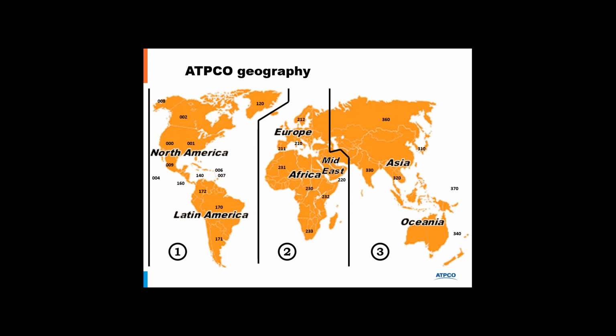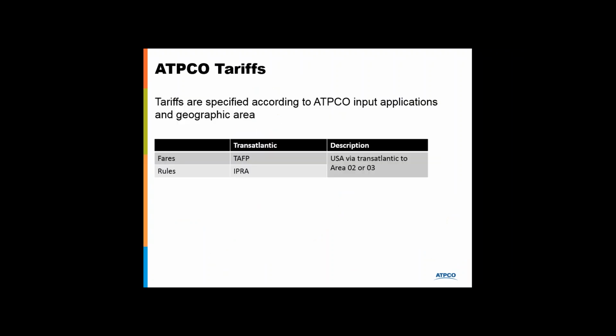So geographic is really important for airlines in the data, followed by what we call tariff groupings. This geographic further gets placed by product in our database, and fares products, for example here, will exist under an acronym, TAFP, for example.